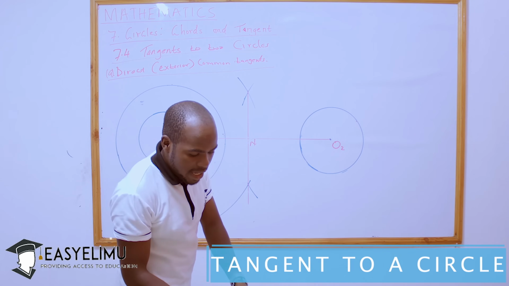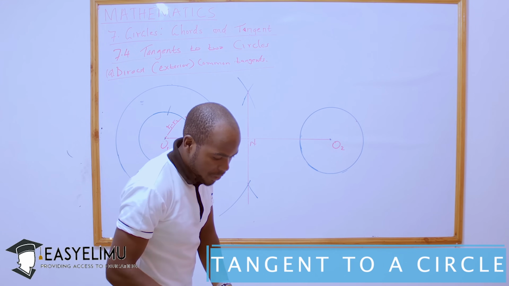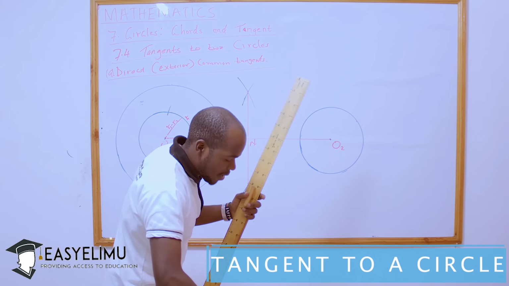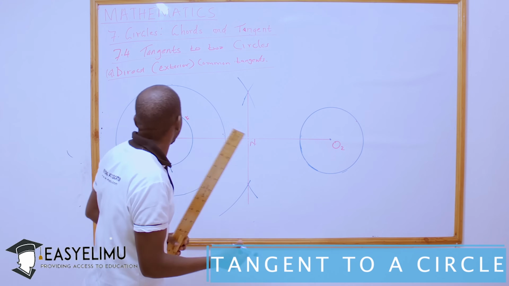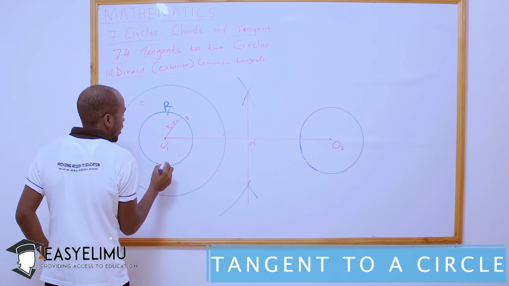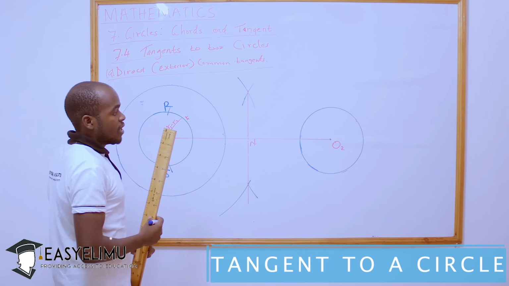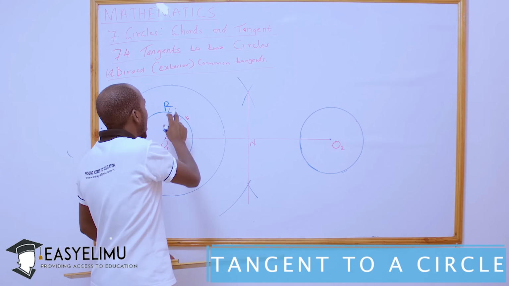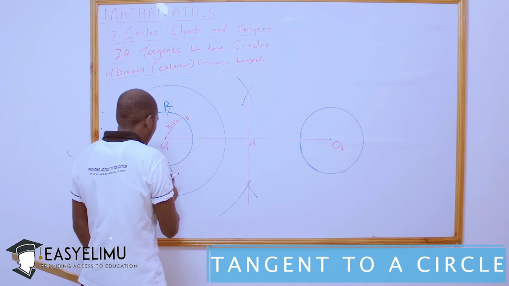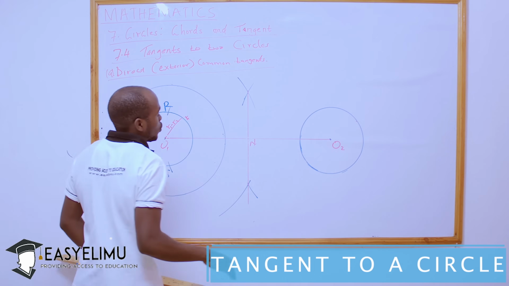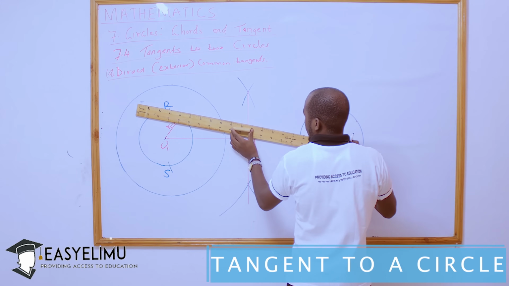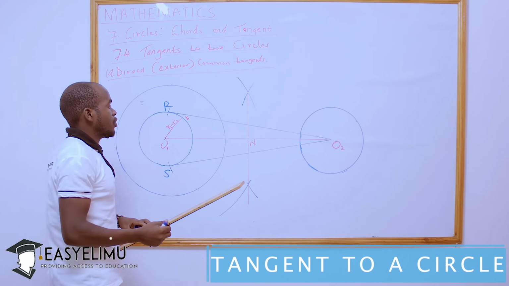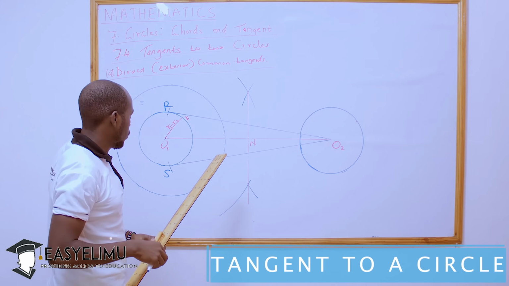Then I will name them R and S, so that this one is R and this one is S. Then I'm going to join R to O2 and S to O2.